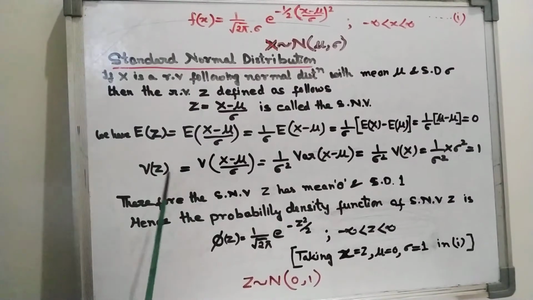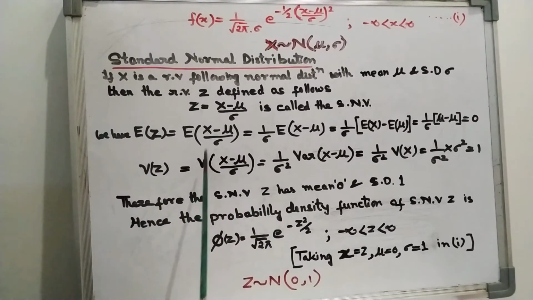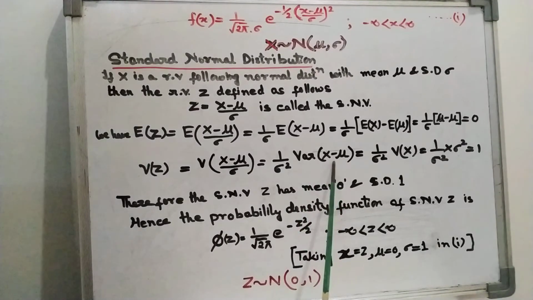Now let's find the variance of the standard normal variate. V of z is equal to V of (x minus mu divided by sigma). Here again we apply the property of variance. The constant comes out squared: 1 by sigma square, variance of (x minus mu).